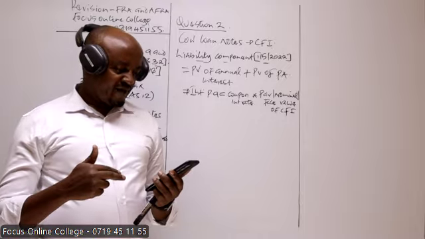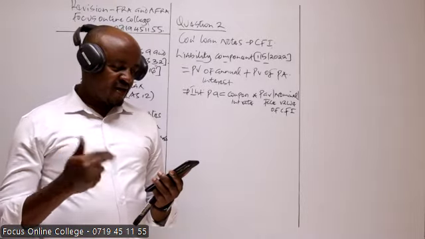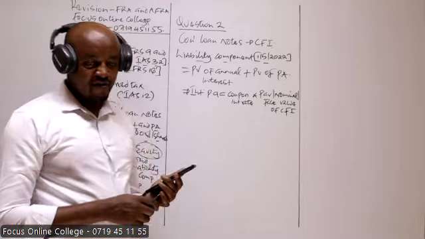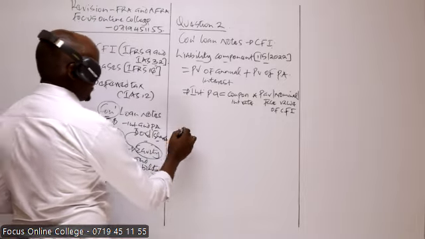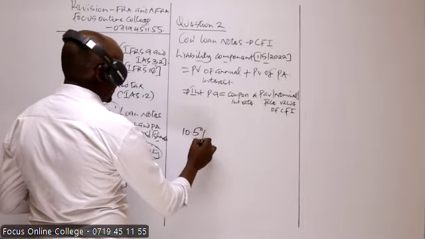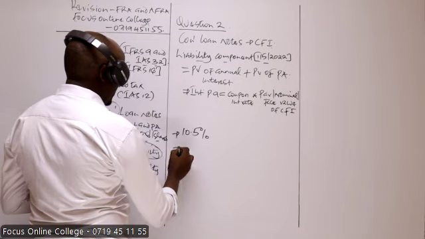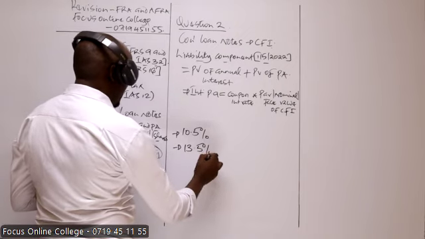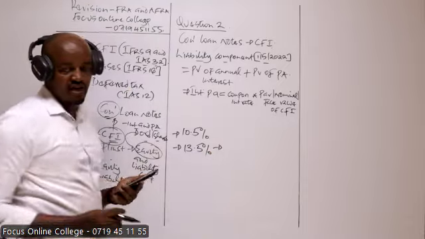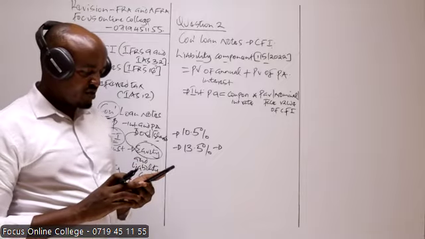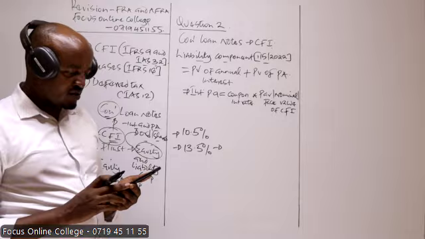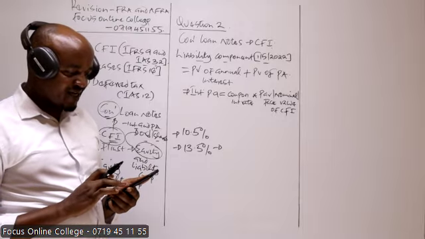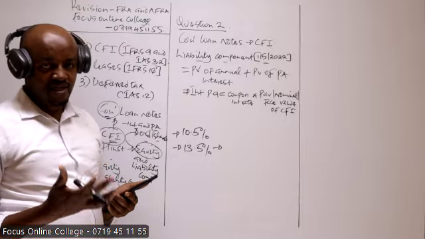In the first paragraph, the first sentence, we have 10.5%. And then in paragraph 2, we have another interest rate, which is 13.5. Now, 13.5, which is given in paragraph 2, if you check, we are told that similar loan notes without a conversion option attract an interest rate of 13.5.